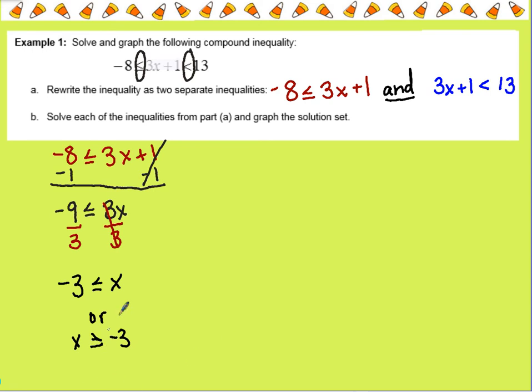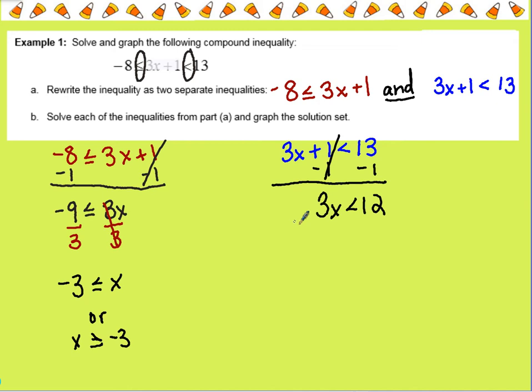Now let's go ahead and solve the other inequality. To solve for x here, I will minus 1. Now if you look back to our inequality on the left, that was also our first step. It was that we minus 1 from both sides. Now our next step is going to be divide by 3, just like it was over here on the left.